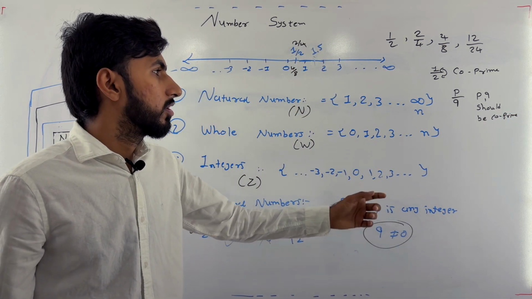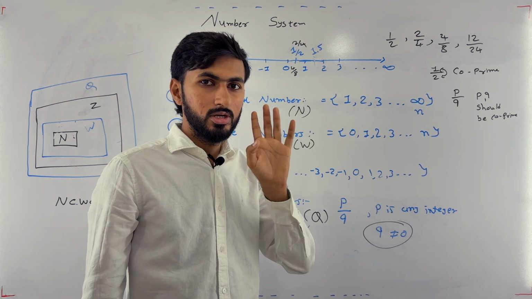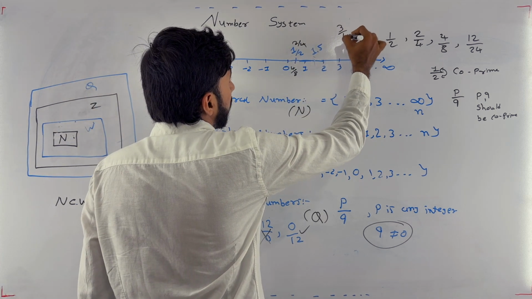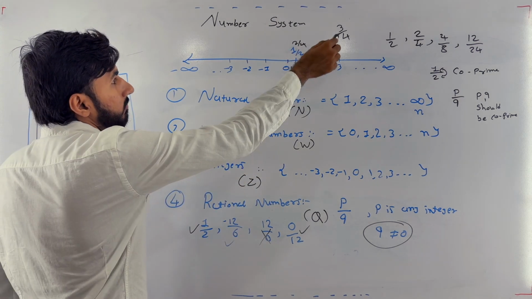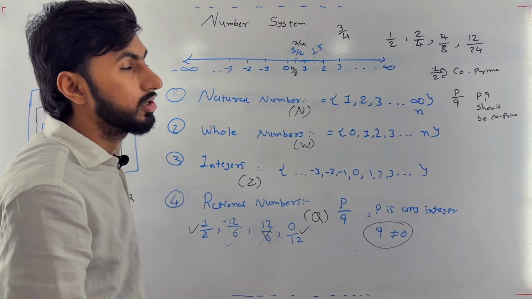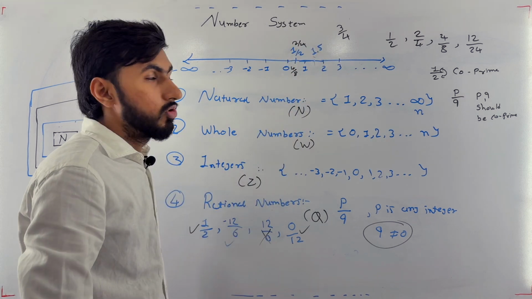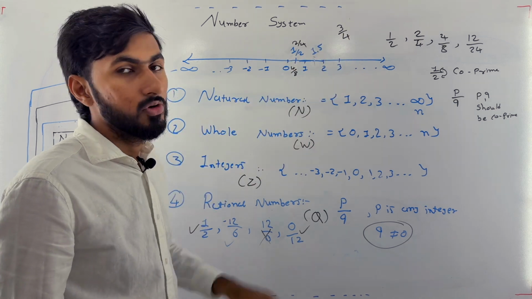Co-prime means they have only one common factor, and that is 1, right? So if I have to mention 3/4, check whether 3/4 is co-prime or not. Yes, 3 and 4 have only one common factor, and that is 1. So 3 and 4 are co-prime numbers, so we directly represent 3/4 on the number line, right?